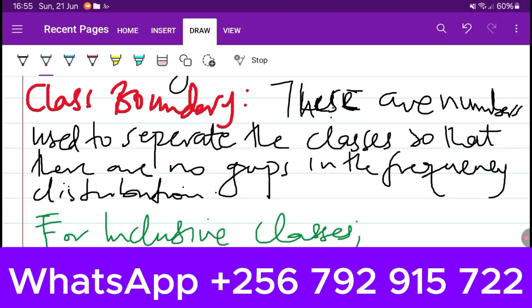For inclusive classes, of course, these classes have the lower and the upper values of classes that make common points between them.